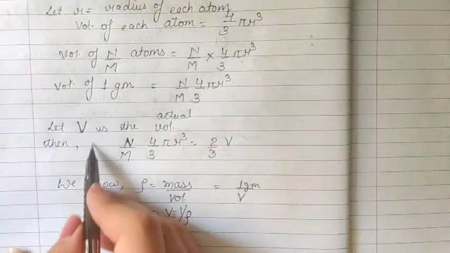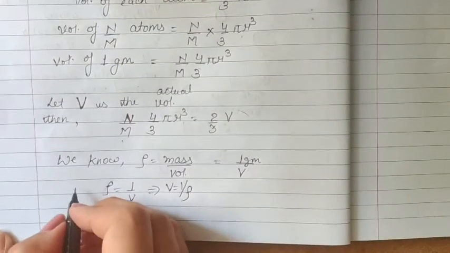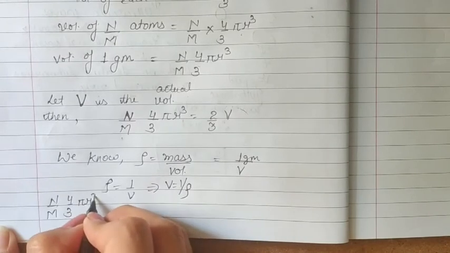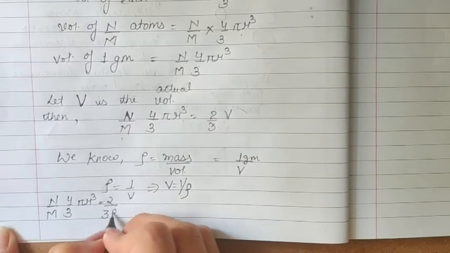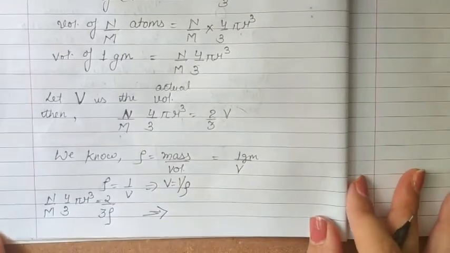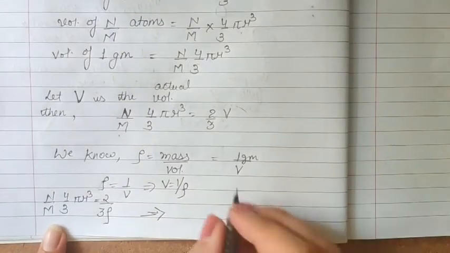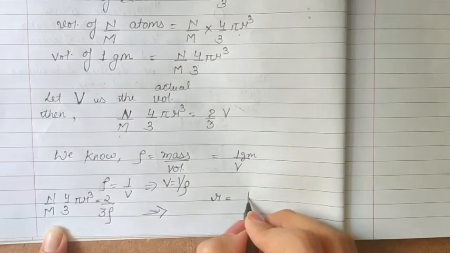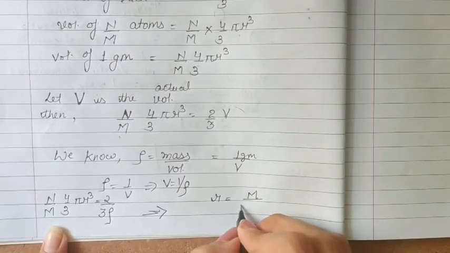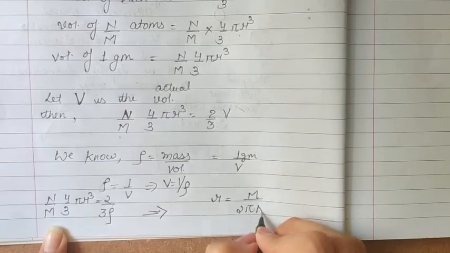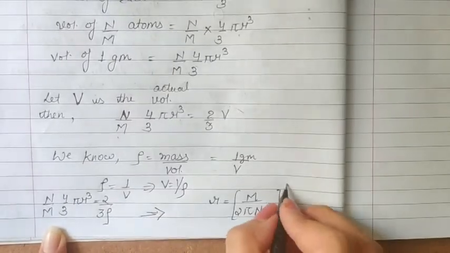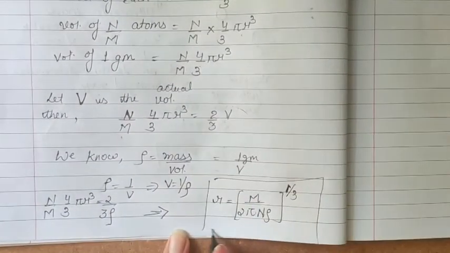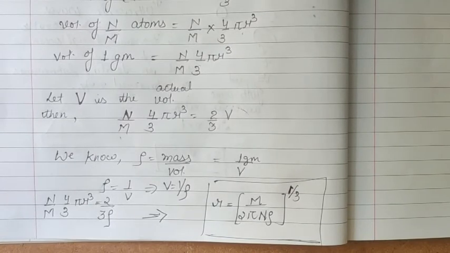Then according to this equation, we get N upon M 4 upon 3 pi r cube is equal to 2 by 3 rho, or we can rearrange it to find the value of r, that is small r is equal to M upon 2 pi N rho whole power 1 by 3, that is the cube root. So this is the atomic radius that we were trying to find using Avogadro's hypothesis.